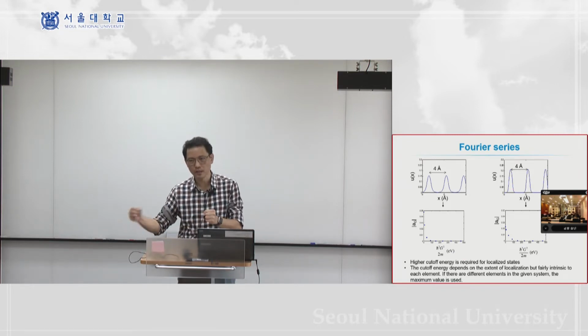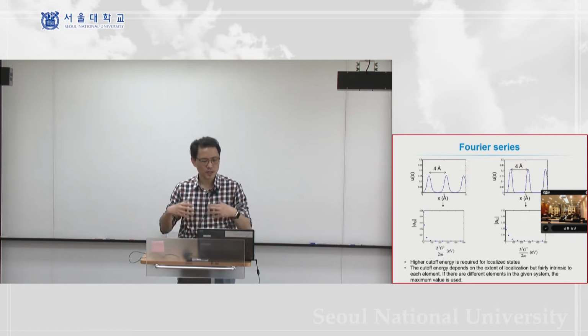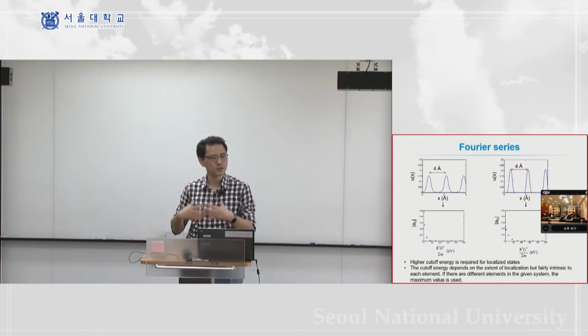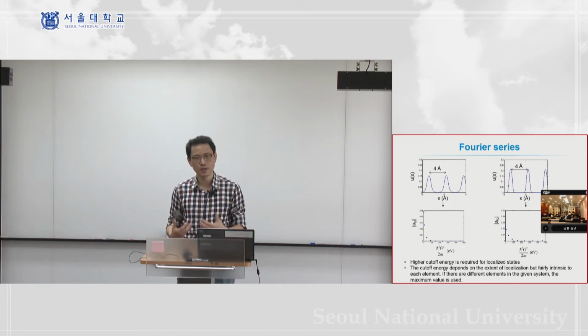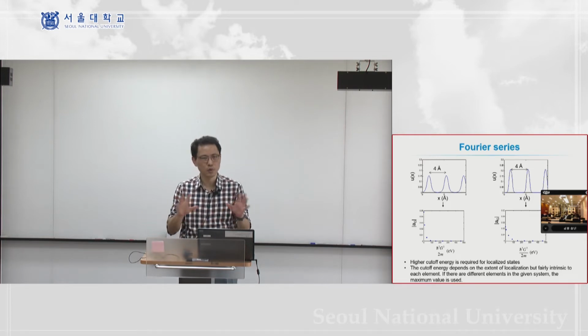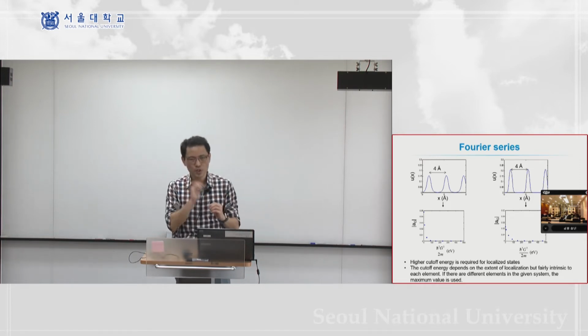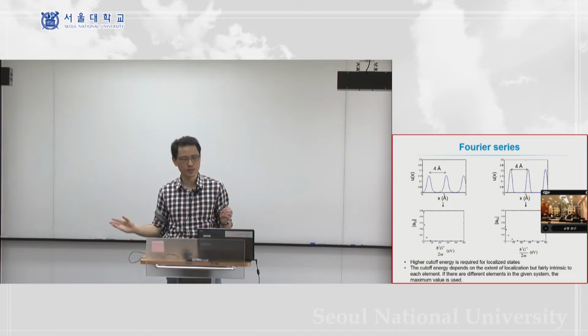But the chemical bonding is between the atoms. Therefore, each element has its own specific cutoff energy that is necessary to describe its wave function accurately. So it does not depend on the system, but more on which atoms you have in your system.